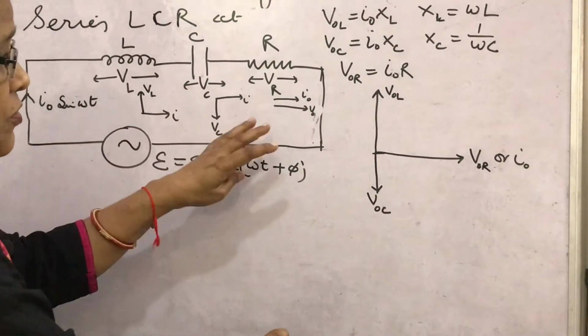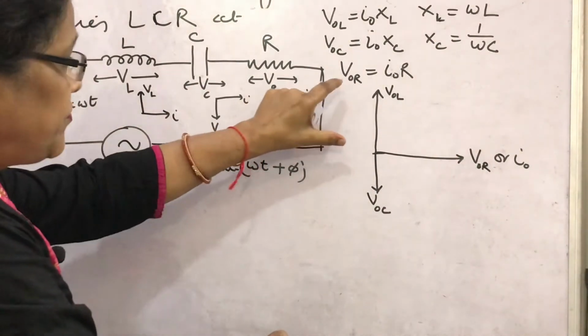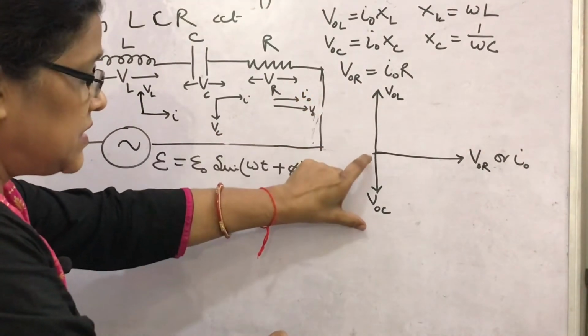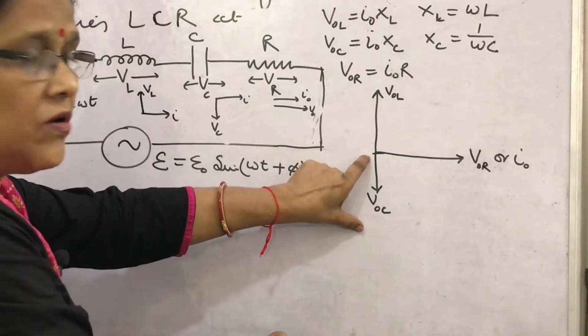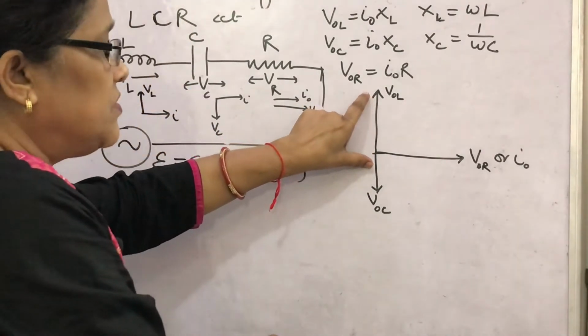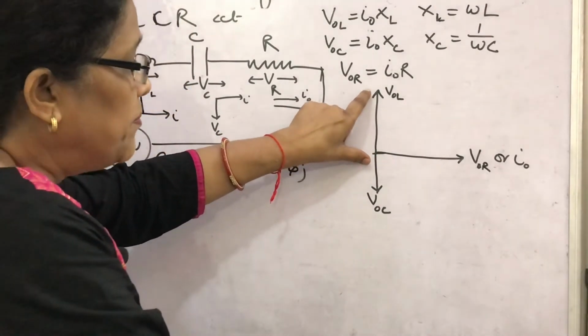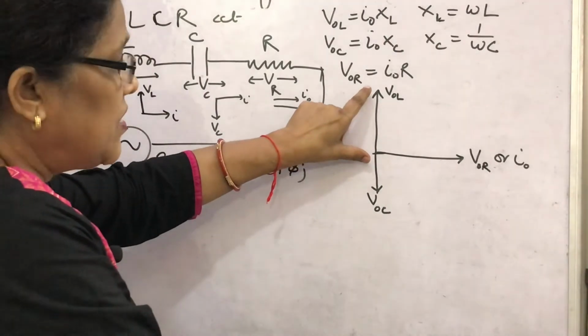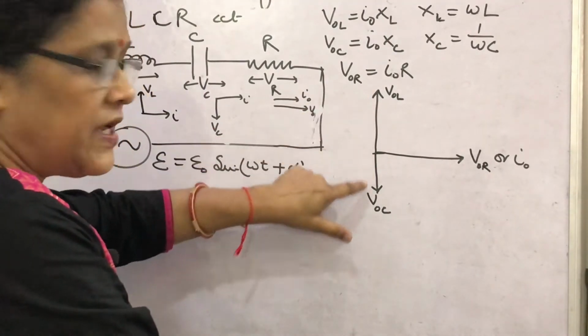In the impedance diagram, here it will be XL and XC.